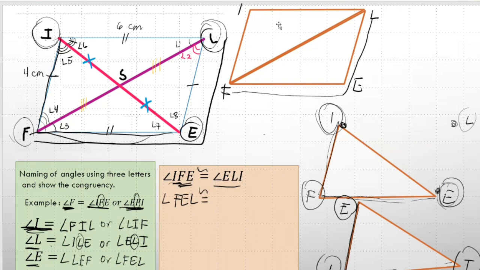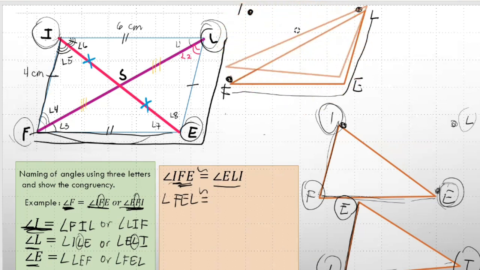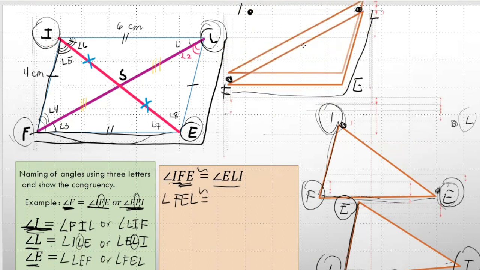So ngayon, tandaan ulit nasan si F. So nandito si F, nandito si I, at nandito naman si L. So pag pinilit natin si shape, tandaan saan mapupunta si F, I, at saka L natin. So we can see that they are congruent. Congruent sila. They have the same shape. Okay?